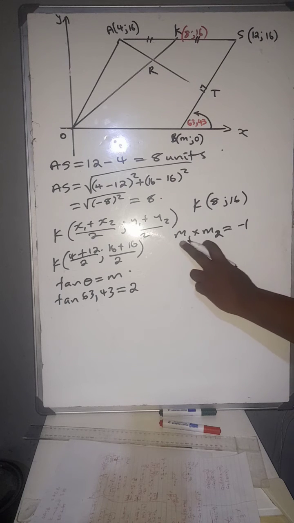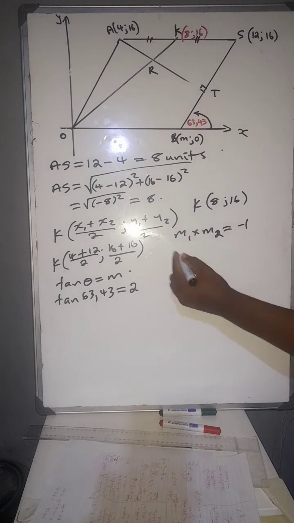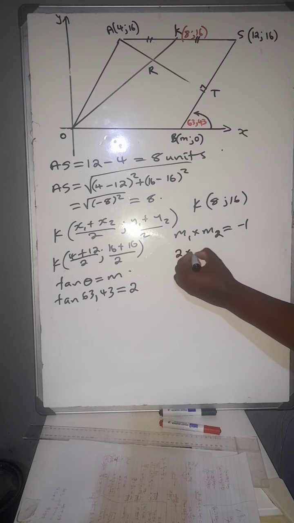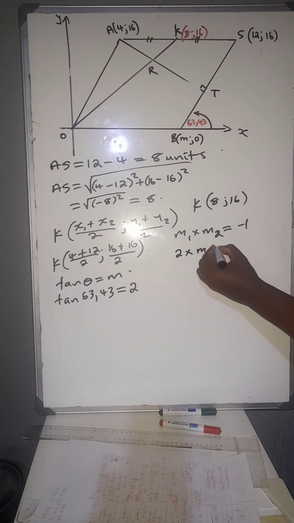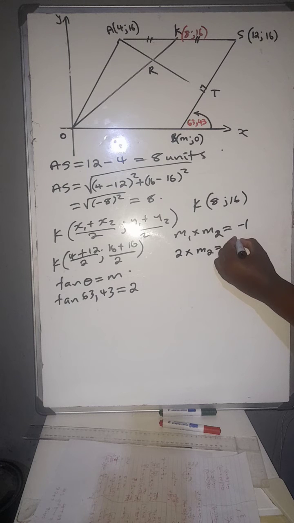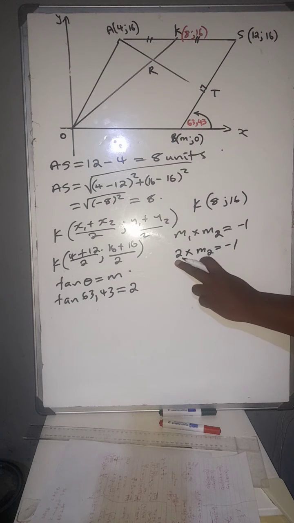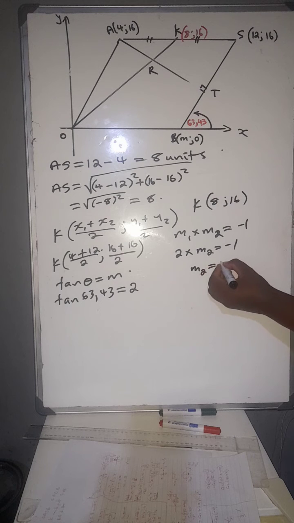We already know the gradient of the first line, so it's going to be 2 multiplied by m2 is equal to -1. When the 2 goes to the other side, it divides, so our gradient will be -1 over 2.